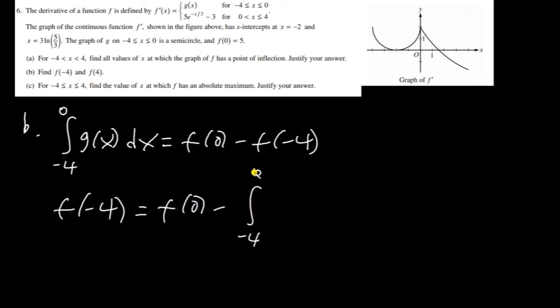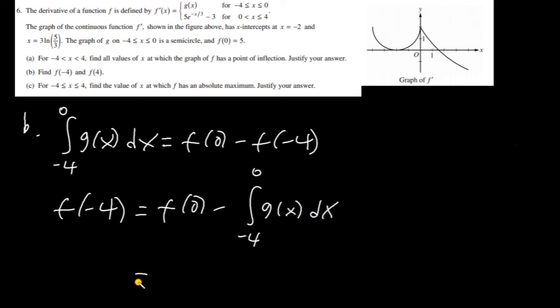So I can replace f prime of x with g of x, because that's what we're dealing with from -4 to 0. That's this part. We're not even looking at this positive part, only here. Right? So I can solve this for f of -4, and I'll get f of -4 equals f of 0 minus the integral from -4 to 0 of g of x dx.